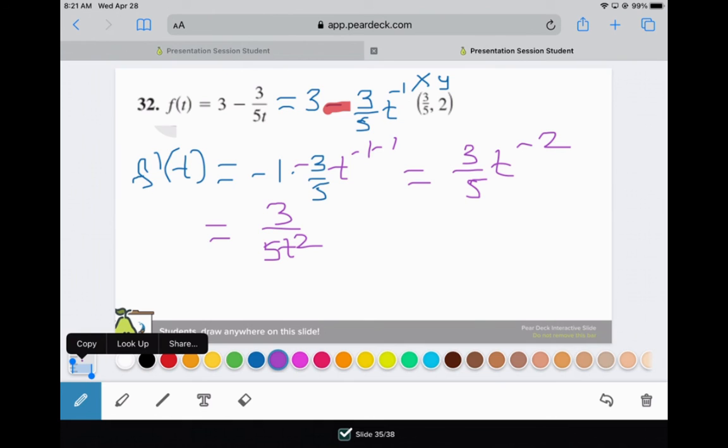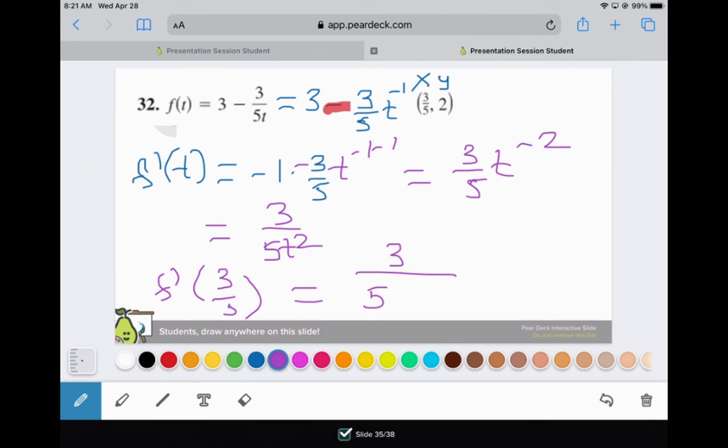So I think the problem that we are having with this one is not to plug it in. You still just take the derivative. Okay. So now I can find f prime of 3 over 5. Let's plug it in: 3 over 5 times 3 over 5 squared. And then we can simplify this.